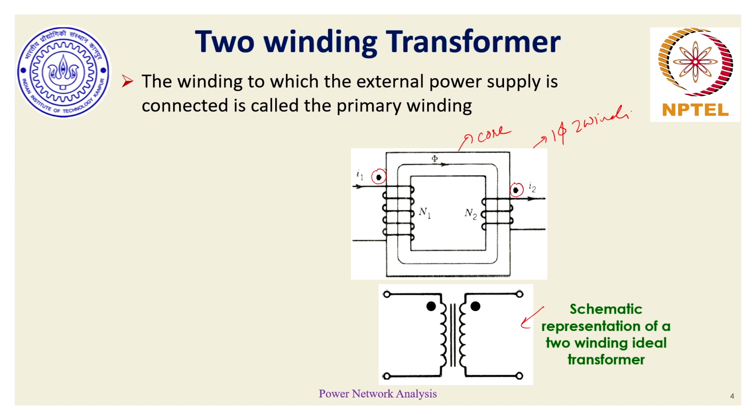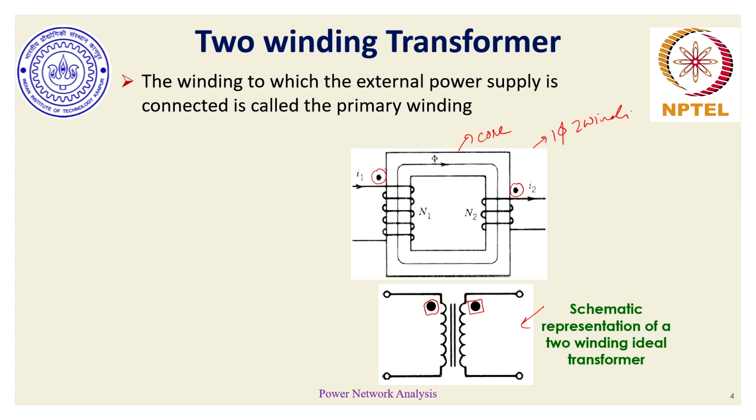The importance of these dot markings is very similar to the dot markings marked over here. These dot markings or polarities help in anticipating how these windings would carry currents, and if they carry currents, what the corresponding implication on the core would be in terms of the magnetic flux.